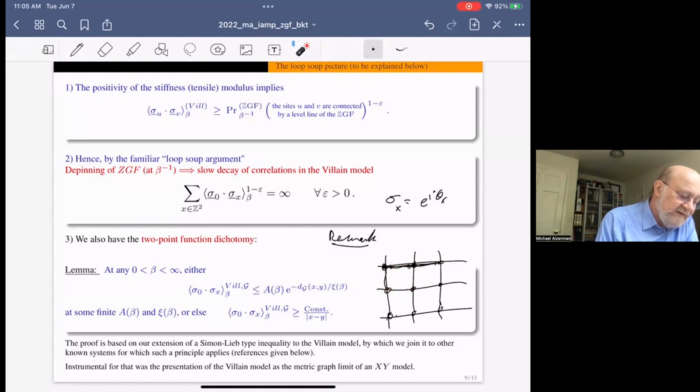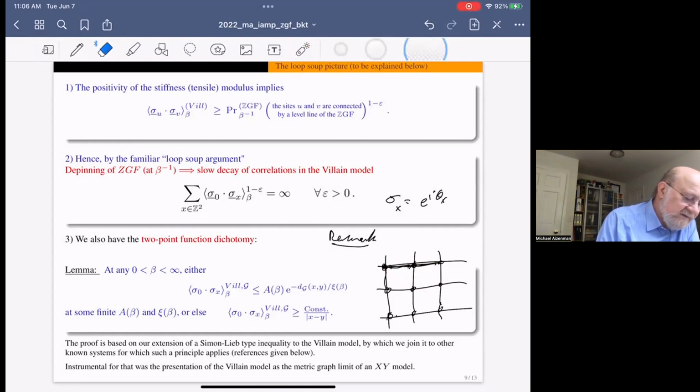Consistent in the sense that there are different ways to get from one site back to itself, and you want all of those to perhaps differ by the winding numbers, but produce the same spin value. That is the Villain model. Now you may realize that this Brownian motion is so natural that it can be presented as the continuum limit of the XY model.